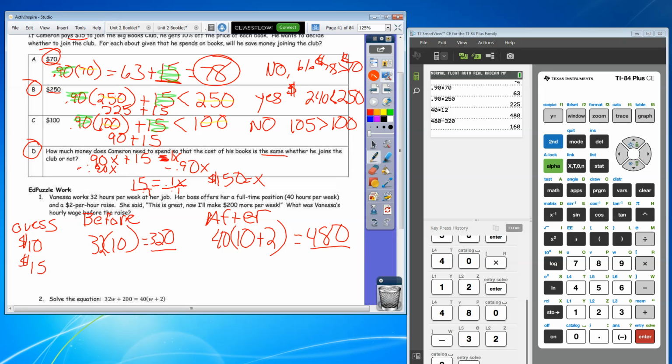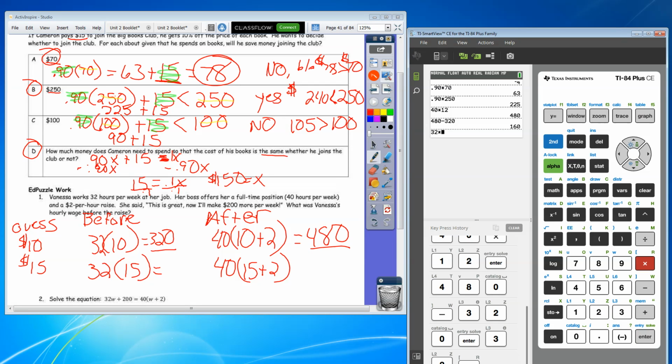Okay, so if she's working 32 hours at $15 an hour, how much does she make? Now she gets a $2 raise, so she's making $17 an hour. 32 times 15 is 480, and then 40 times 17 is 680.